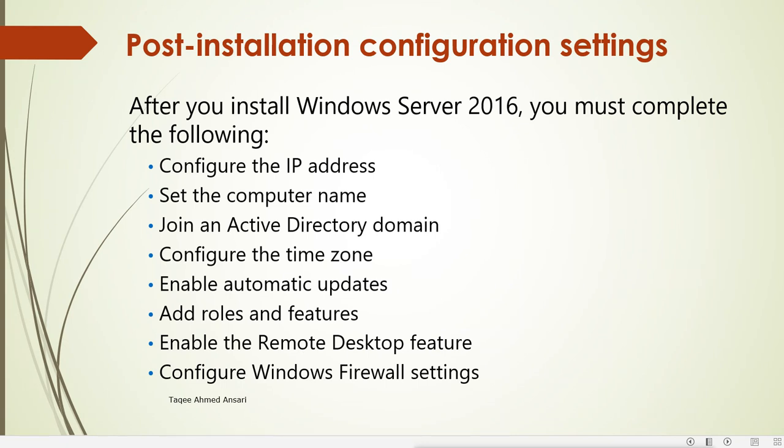We have seen how we can enable that, and configure the Windows firewall setting also. Only we have not done joining this to Active Directory. Why did we not do this? Because we have not configured any Active Directory till now. If we have an Active Directory domain configured, then we can join our server into that domain also.